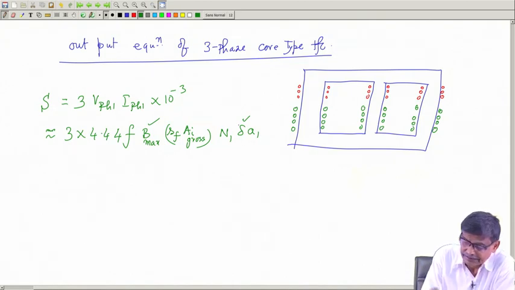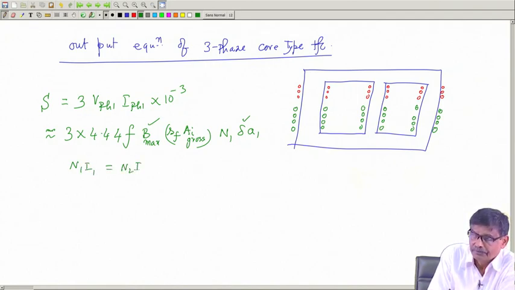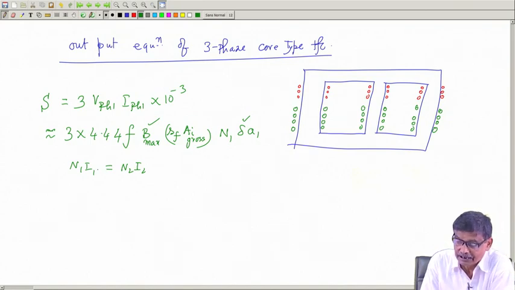once again N 1 I 1 is equal to N 2 I 2, per phase MMF balance will take place. Then I 1 you write A 1 delta, I 2 A 2 delta. So, N 1 A 1 is equal to N 2 A 2, I am telling verbally what you have to do. Only thing is window space factor.